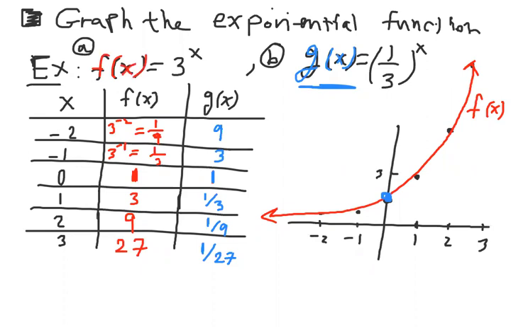At 1 it is 1 over 3, a small number. At 2 it is 1 over 9. And as x goes to infinity it is close to 0. The function looks like that. At minus 1 it is 3. Let me graph it again. So it will be like that.